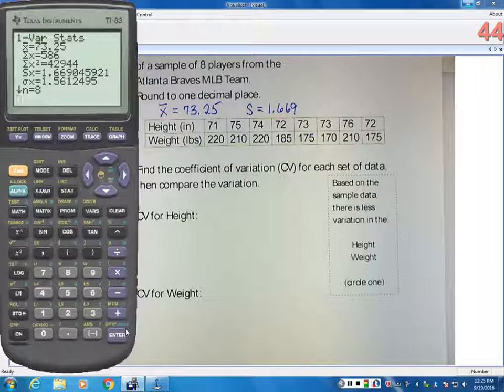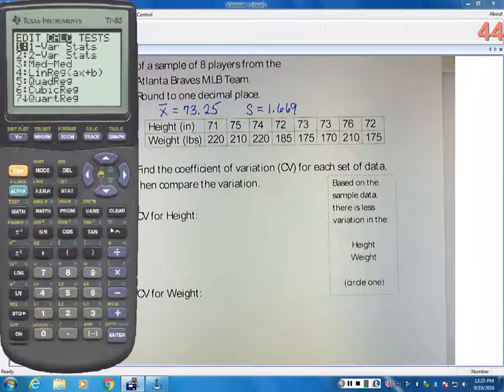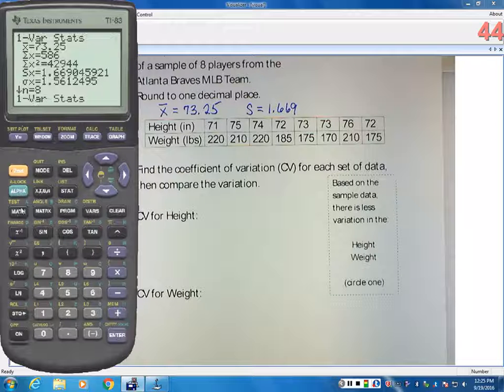Now we want to find the mean and standard deviation of the weights. So stat, calc, 1-bar stats, second 2 for list 2, and for the weights, the mean is 195.625.